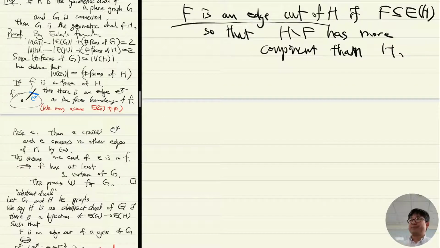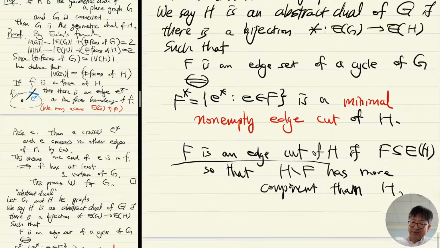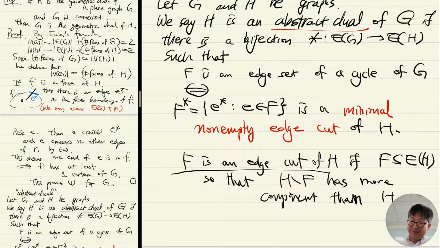All right. So this is the definition of abstract dual.